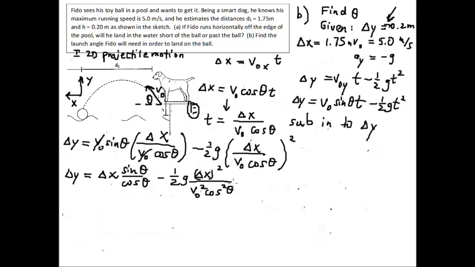And it's not obvious here exactly how we're going to solve for theta, but notice that this equation, in principle, will allow us to solve for theta, because if we look at the equation, we know delta y. That's given to us. We know delta x. We know g, and we know v0. So everything in this equation we know except for theta.